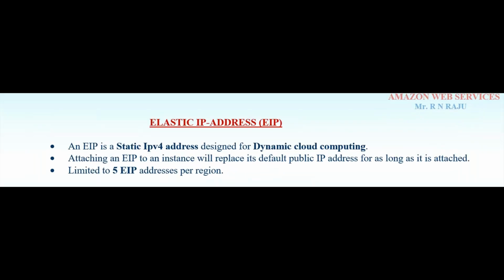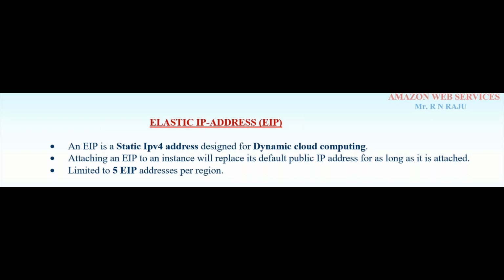This is also important. An EIP, elastic IP address, is a static IPv4 address designed for dynamic cloud computing. Attaching an EIP to an instance will replace its default public IP address for as long as it is attached.